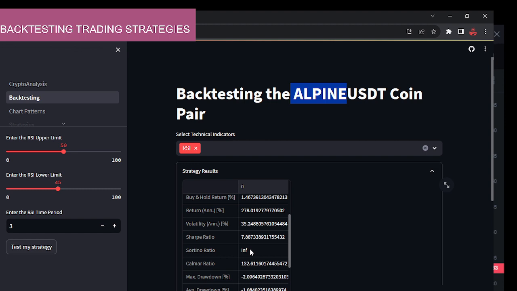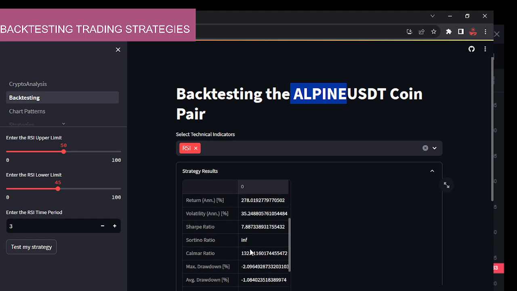The upside volatility, as I mentioned, uses the positive returns that you got. So the Sharpe ratio uses both the upside and the downside volatility, while the Sortino ratio will just be the return over the downside volatility only.